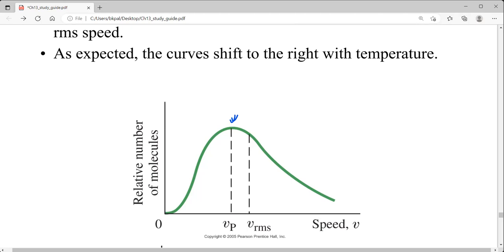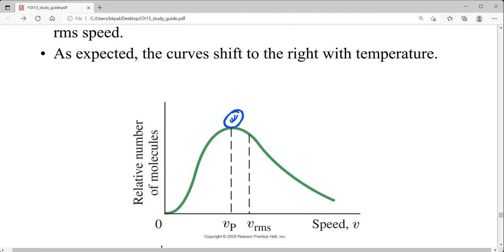When we have a large number of molecules, the molecular speed of most of the molecules is around the most probable speed, but this most probable speed is different from the RMS speed.